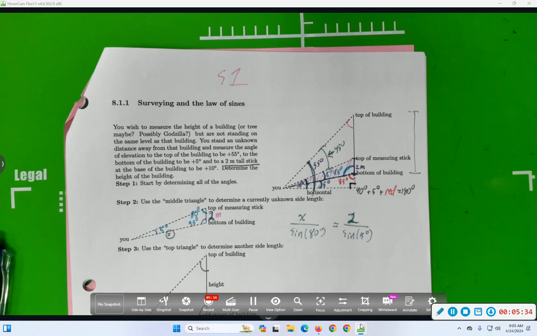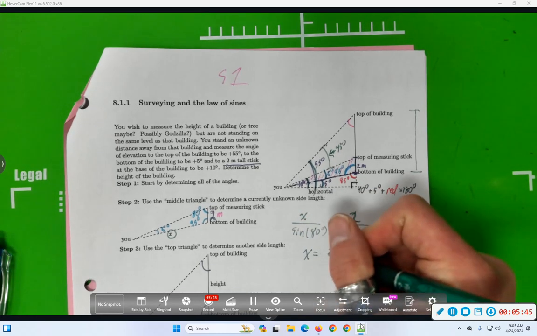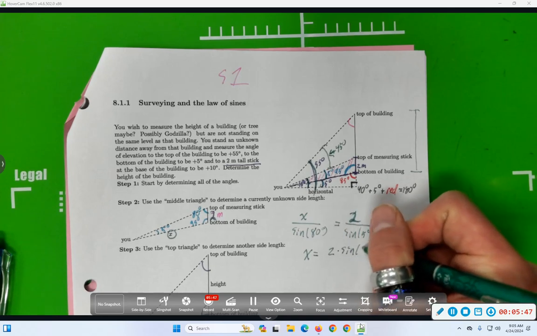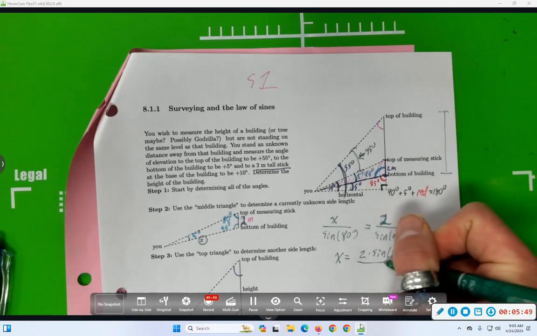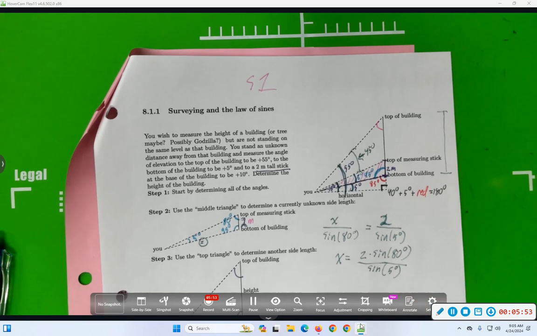I appreciate you catching that. Anyway, that looked like something easy to solve for x. Just multiply the denominator over to the other side. x is equal to 2 times the sine of 80 degrees divided by the sine of 5 degrees.